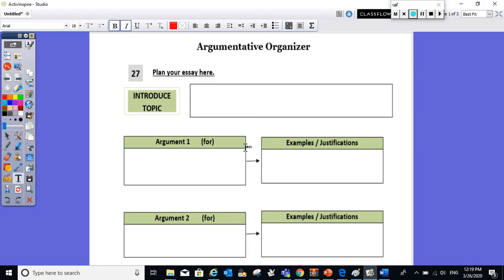So the writing, we are going to introduce the topic. The topic is about animal testing. So you can write down here. You don't have to write a full introduction here. Just introduce the topic through giving the main idea. So animal testing, this is my topic, has been a debatable, discussion, or controversial topic.